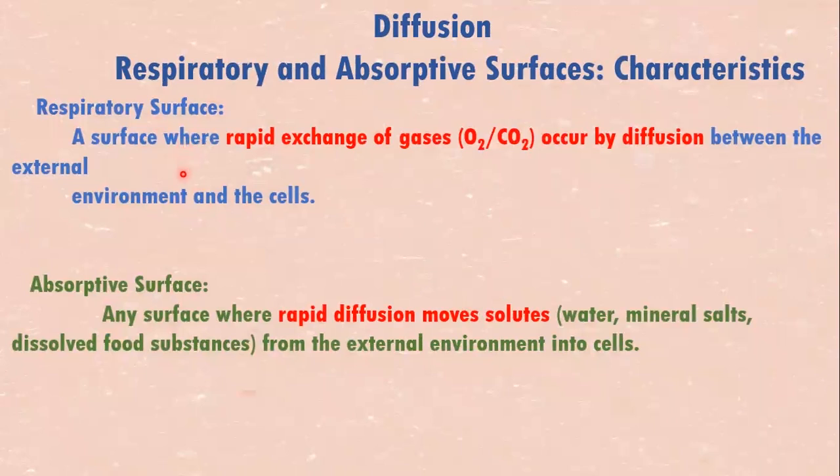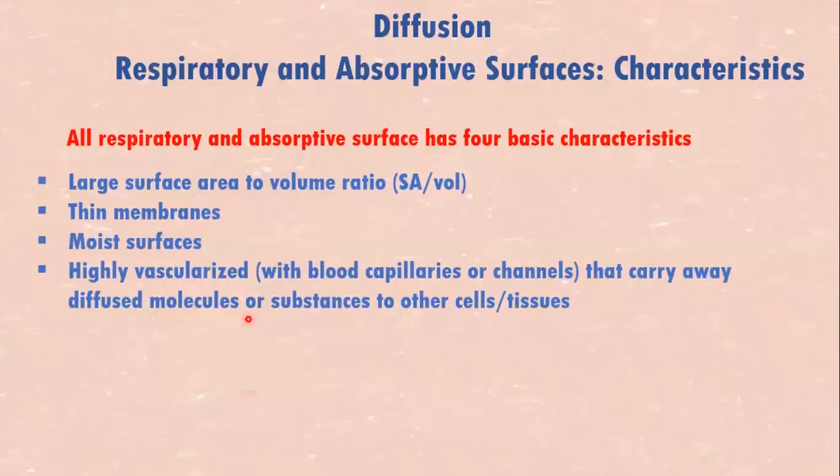Then an absorptive surface is a surface where rapid diffusion moves solids, water, mineral salts, and dissolved food substances from the external environment into cells. Good. Now, the characteristics of both respiratory and absorptive surfaces are the same.